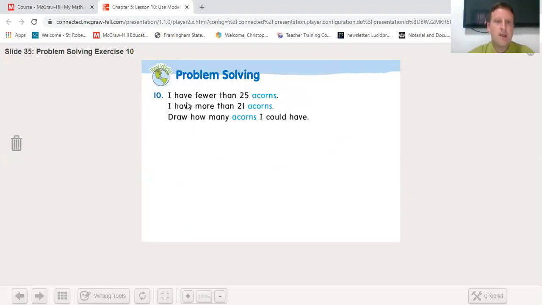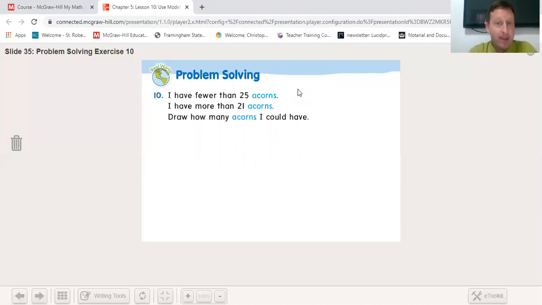Okay, question 10. I have fewer than 25 acorns. I have less than 25 acorns. I have more than 21 acorns. Draw how many acorns I could have. So there's a lot of choices, a lot of answers you could have for this one.